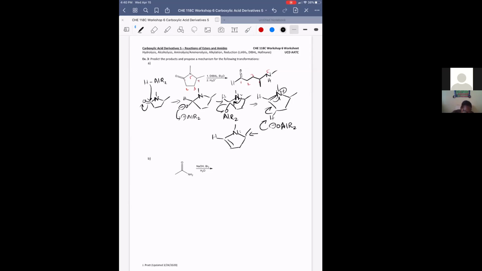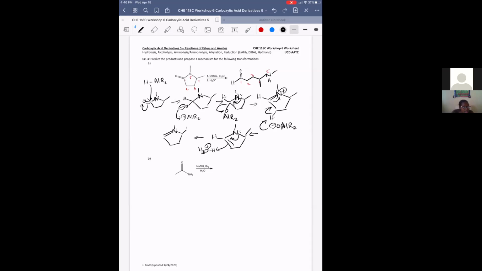And now what we want to do is, in the presence of acid, H3O+, we can use the pi electrons from our double bond to protonate our carbon, and then the lone pair from nitrogen can make a bond between carbon and nitrogen. And this allows us to regenerate our carbon-nitrogen double bond. Right?